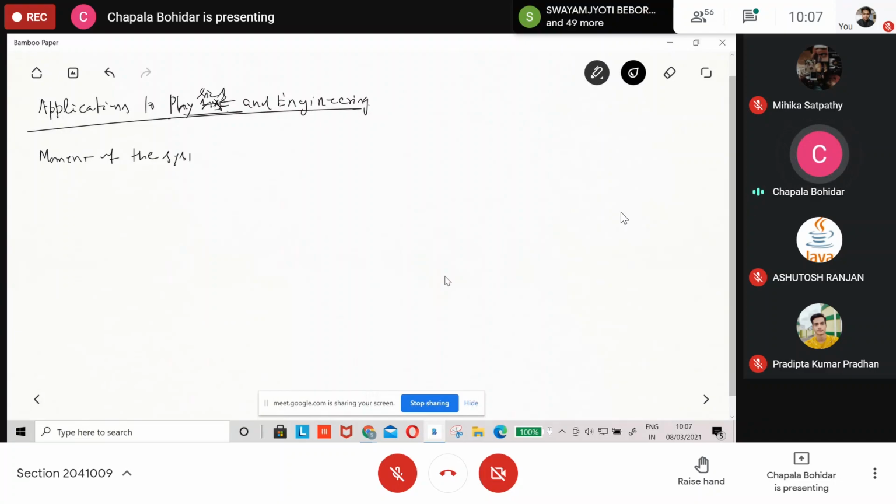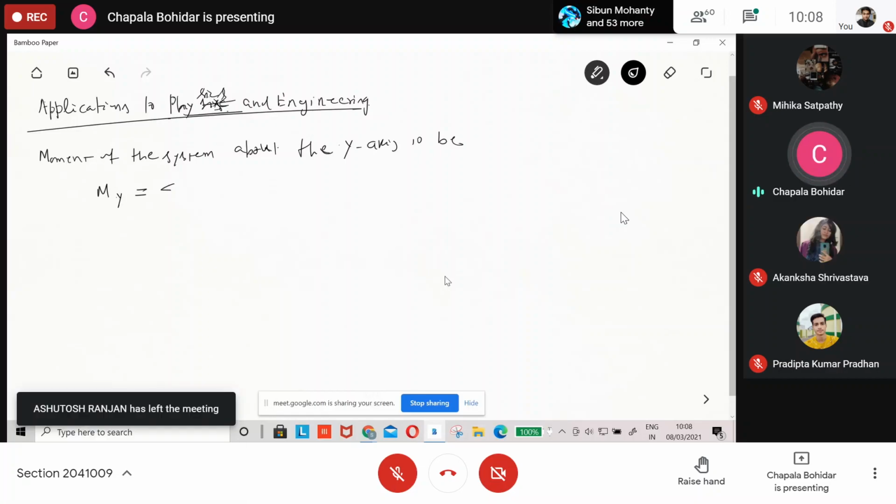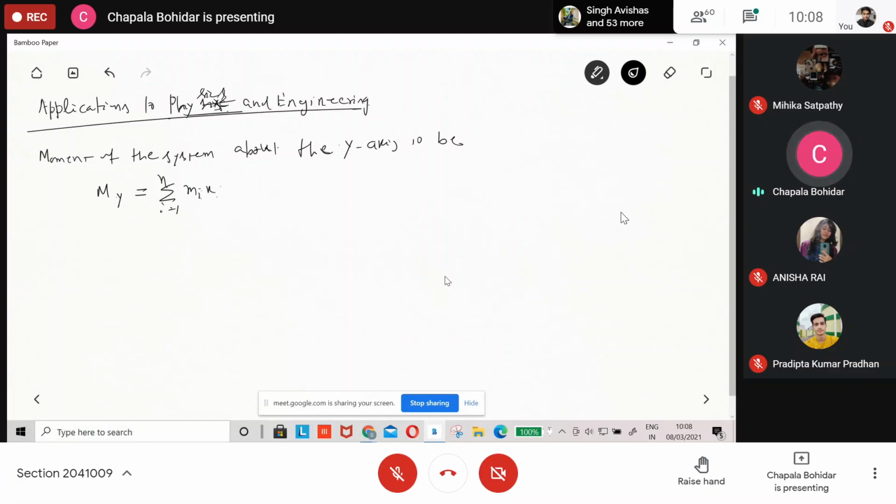Moment of the system about the y-axis, that is your My is equal to summation over i is equal to 1 to n mi xi.